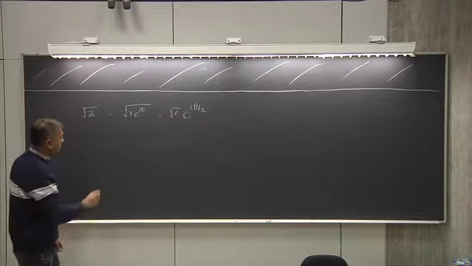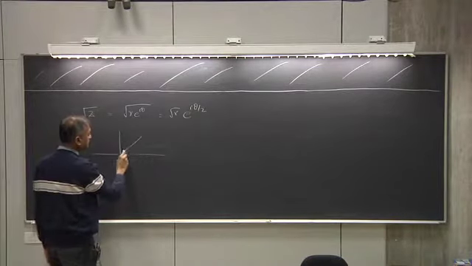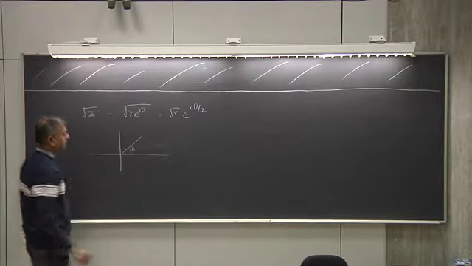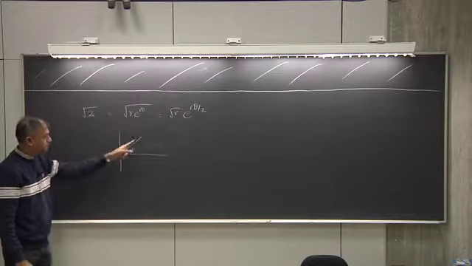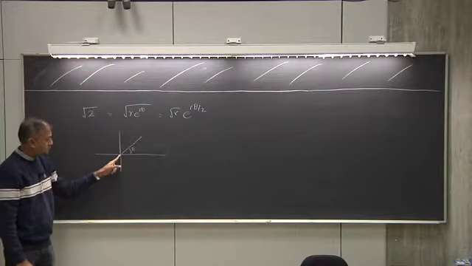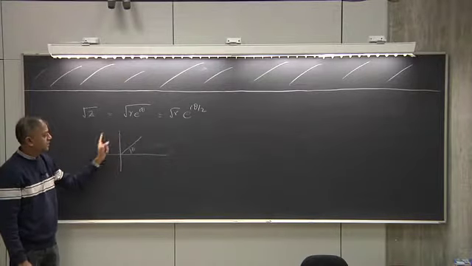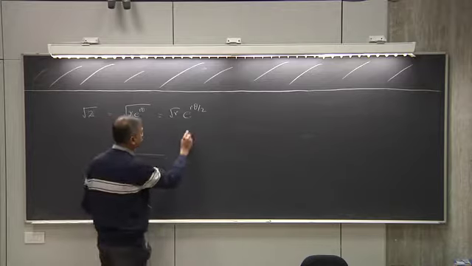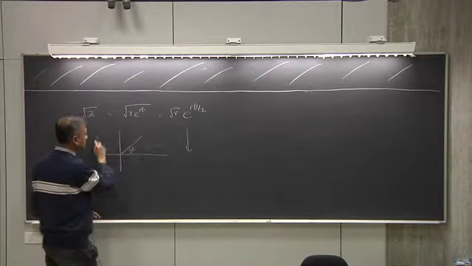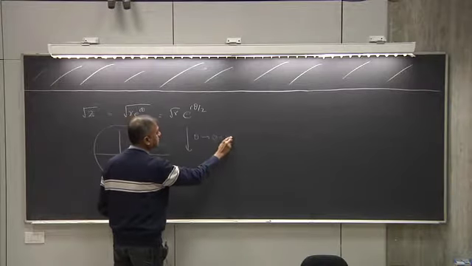Now suppose z is some point here with some angle theta. As you move this point around the origin and you come back, theta will go to theta plus 2 pi. So what's going to happen to this? When I move around the circle, theta goes to theta plus 2 pi.